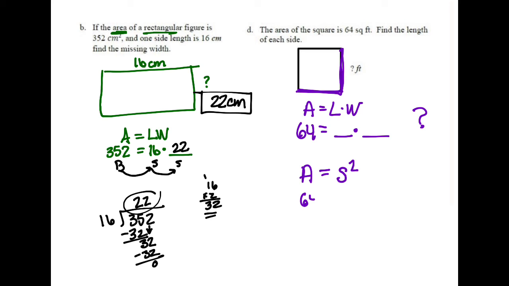If the area is 64, what number squared gives you 64? Does that sound familiar? What number squared is 64 means 2 numbers have to be the same. So these 2 numbers have to be the same to give you 64. Another way of writing that, 2 numbers that multiply to give you 64. So our side has to be 8, doesn't it? So 8 feet is your answer.